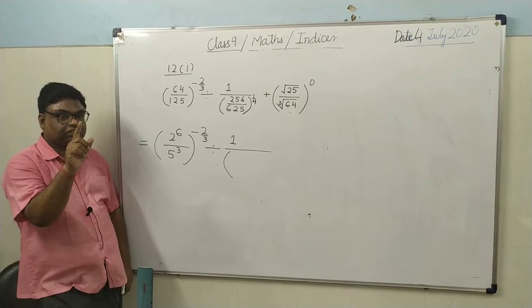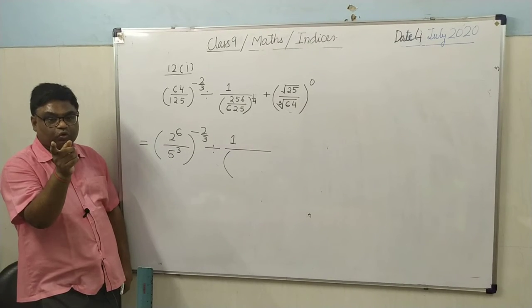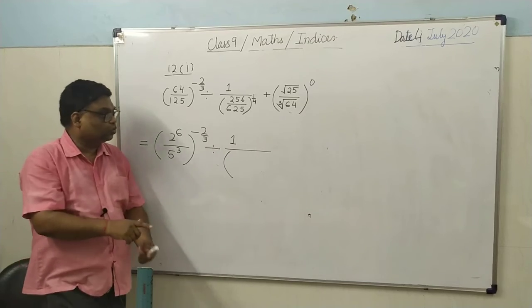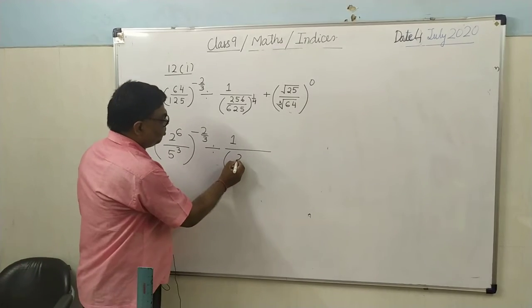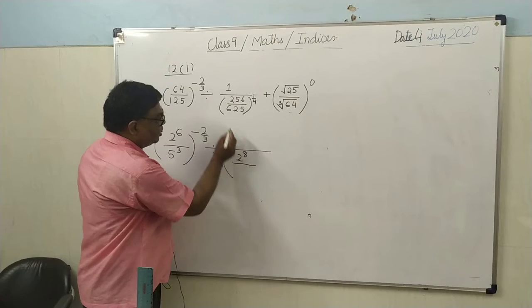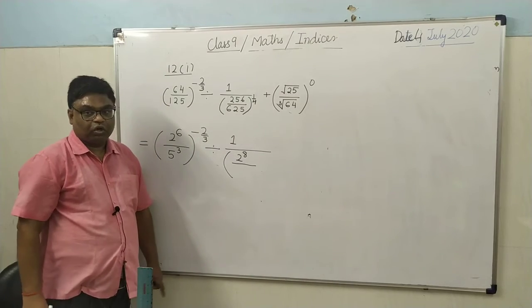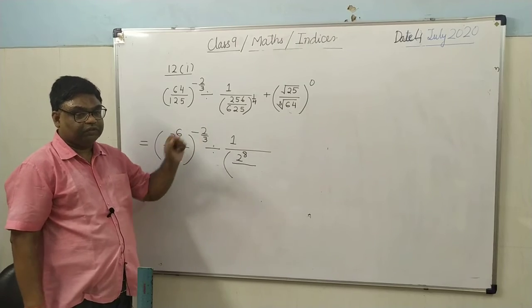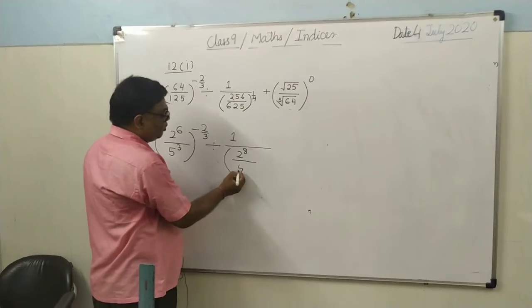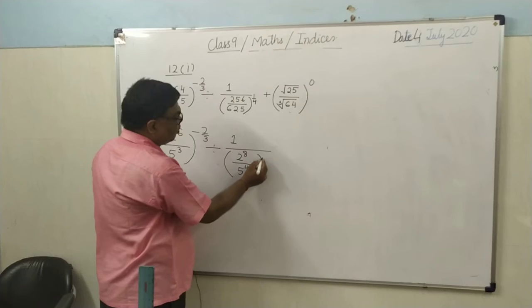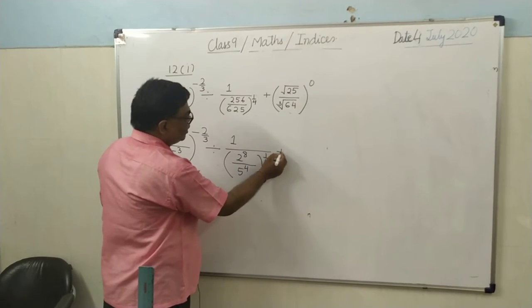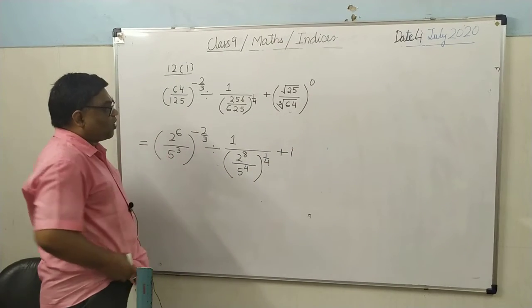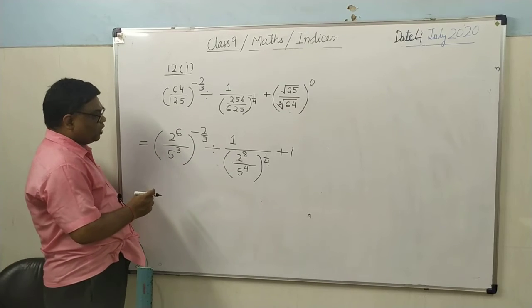So 16 into 16, 2 to the power 4 into 2 to the power 4 means 2 to the power 8. 625, 25 into 25, 625, 25 is 5 square, so 5 to the power 4, whole to the power 1 by 4. And here this you will write straightforward 1. No need to do any calculation.